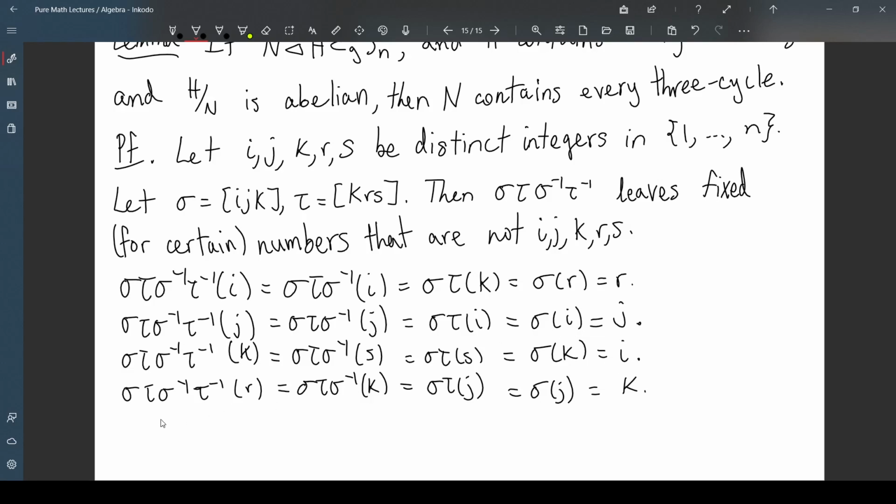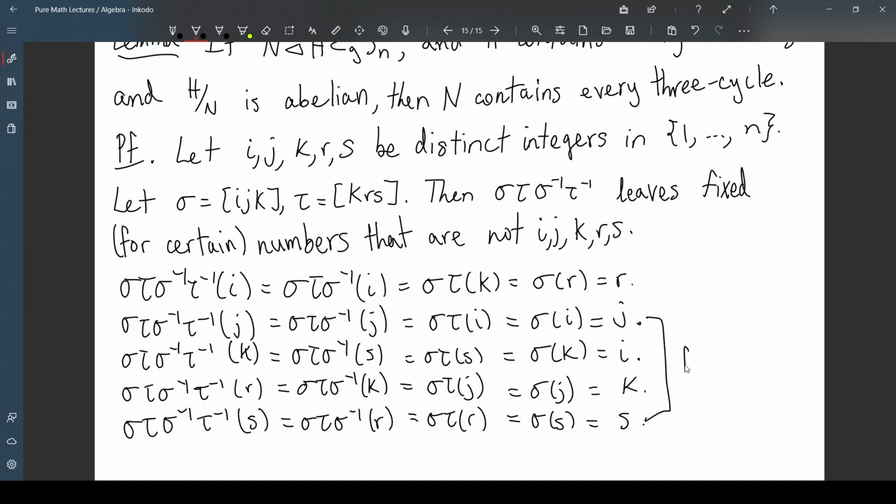So r gets sent to k. And now we just have to look at what happens to s. Tau inverse sends s to r. Sigma leaves r fixed. Tau sends r to s. And sigma leaves s fixed. So s and j, notice, are fixed.